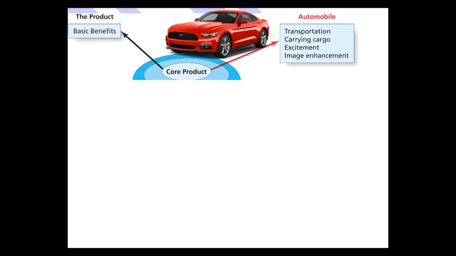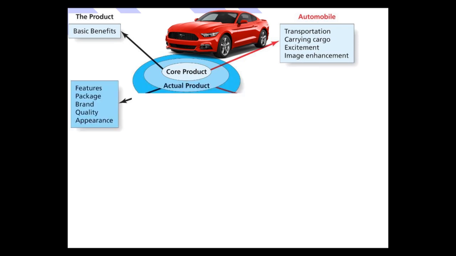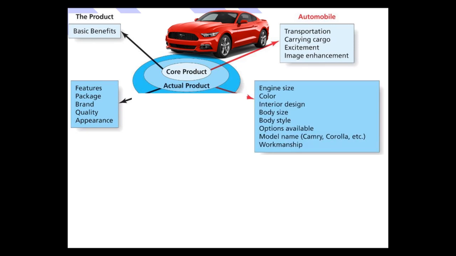Now, the actual product, the physical good that supplies the desired benefits, well, that's all of the things that are actually in the car: the features, the overall package, the brand, the quality, the appearance. So that would be for a car, things like the engine size, the interior design, the color, the body style, the various options that are available, and so on.